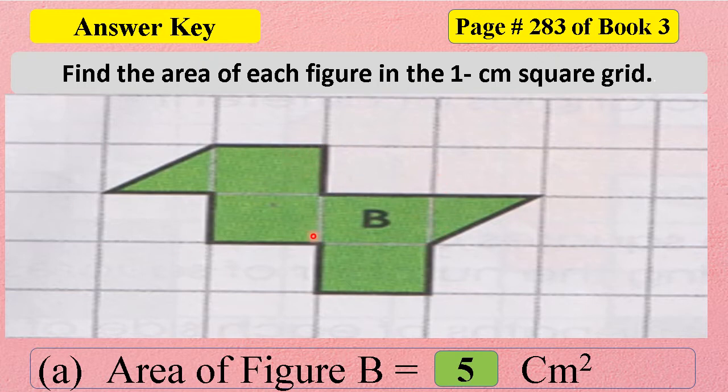We count its square units: 1, 2, 3, 4. Half square unit and half square unit is equal to 1 square unit. 4 plus 1, 5. 5 square units are there. Area of figure B is equal to dash centimeter square, 5 centimeter square, and this is your answer.